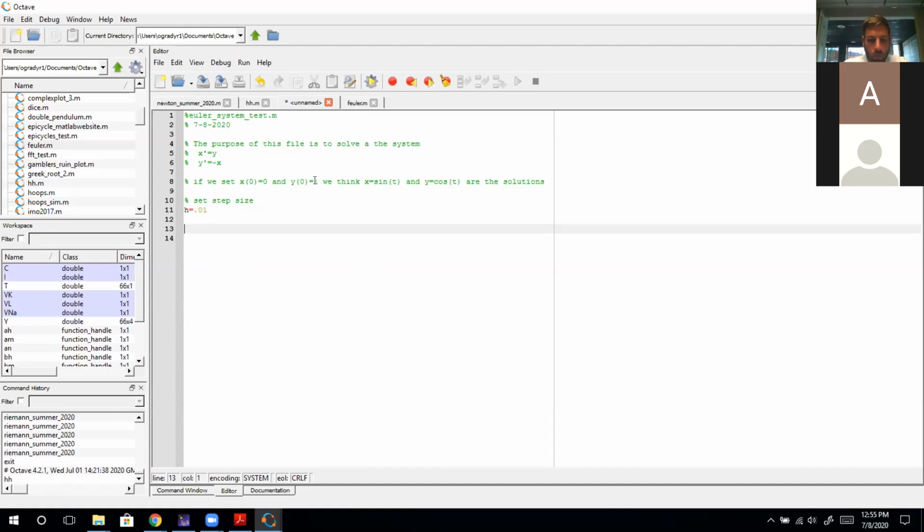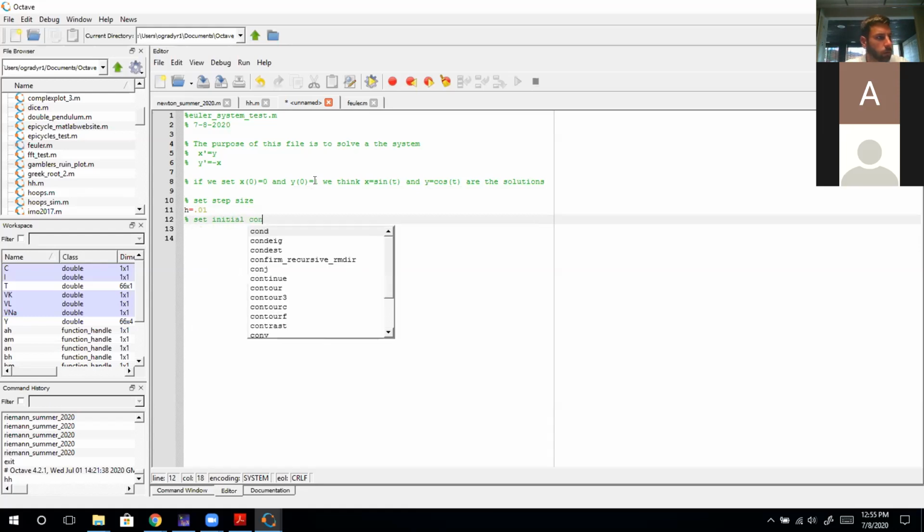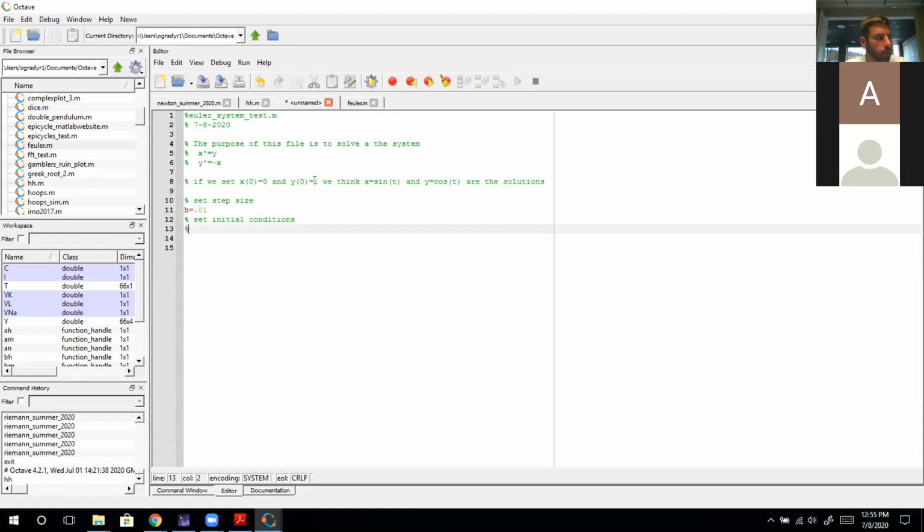And then we'll set initial conditions. What are my initial conditions? Well, my very first x has to be equal to 0. And my very first y has to be equal to 1.